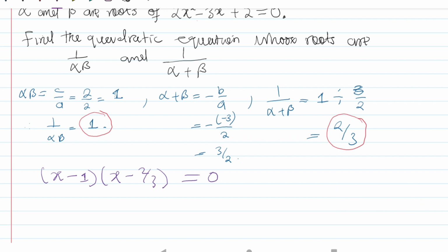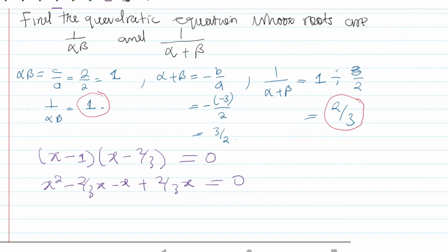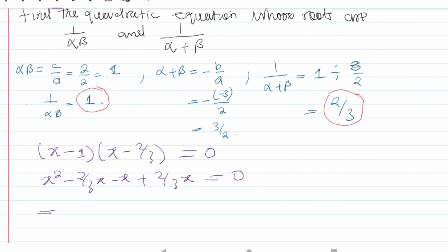And this is the equation that we are looking for. If you want, you can end it here, or you can expand further. If you do your math very well, this simplifies to x squared minus 5x plus 2 equal to 0. And we are done.